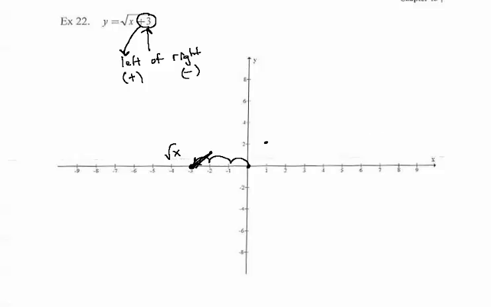Having a little trouble drawing this neatly. Okay, so we're starting at negative 3. If we go over 1 and up 1, that would be our first point. Then if we go over 4, then we go up 2, and that should get us started.